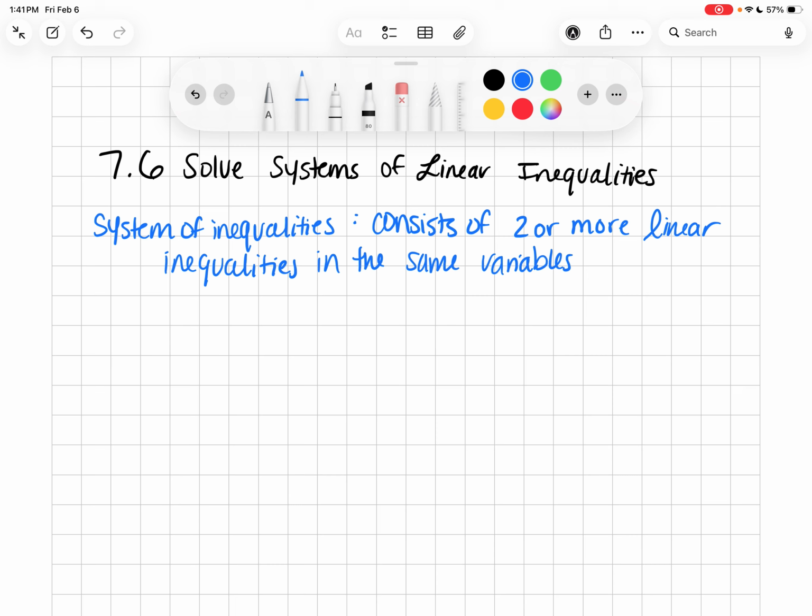Wait, do we have a 7.7? No. Wait, so this is it, and then we have a quiz. Probably quiz Tuesday, test next Friday. But that'll be good, because next week's a long weekend, so you don't have anything over the weekend. It's President's Day weekend, so we're off on Monday. Not like two days from now, Monday, like next Monday.